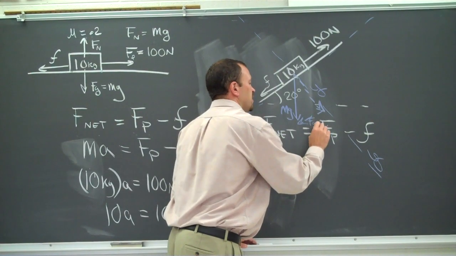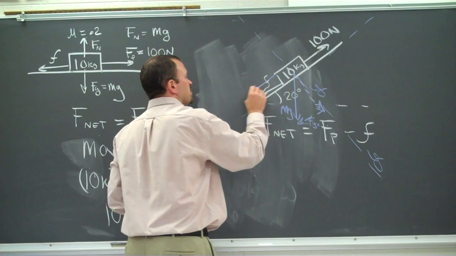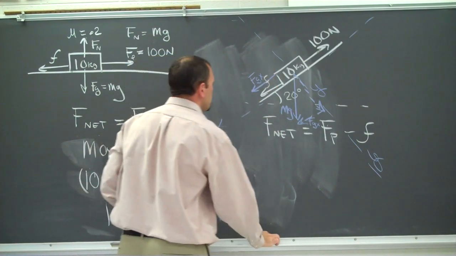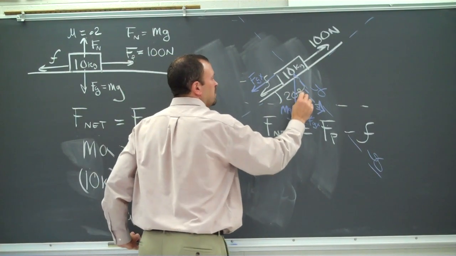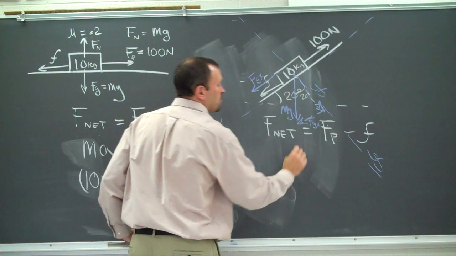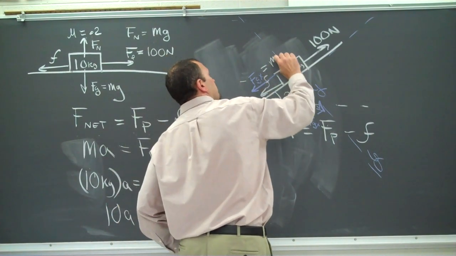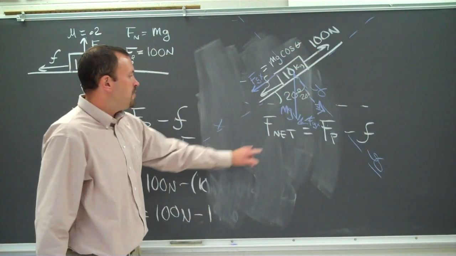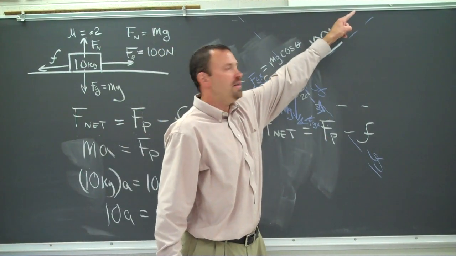Okay, so I'm looking at the amount of the force here. I'll label that Fg in my x direction, and I can draw that force in here. It's the force of gravity just in the x direction. And that force of gravity in the x direction down here, plugging in our theta of 20 degrees, would equal mg cosine theta. So when I'm looking at my net force equation, I've got F net, I've got the pull up the ramp.